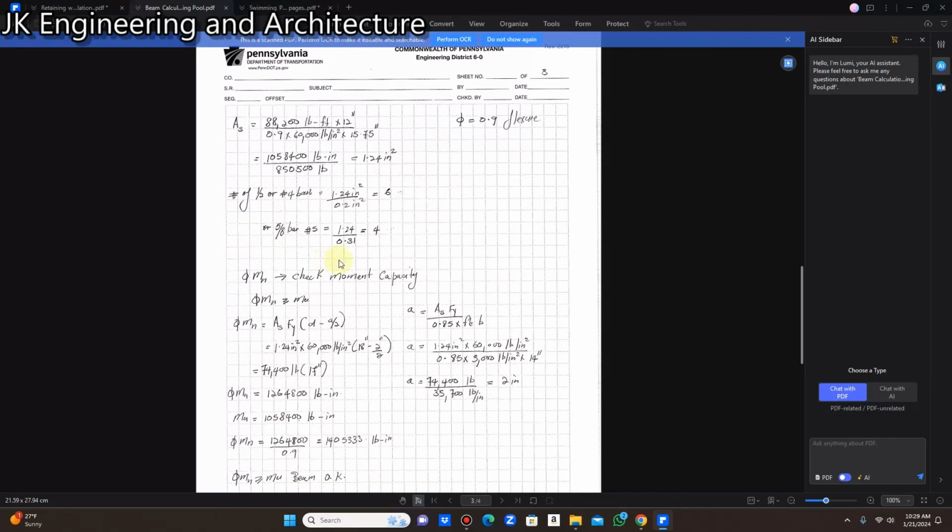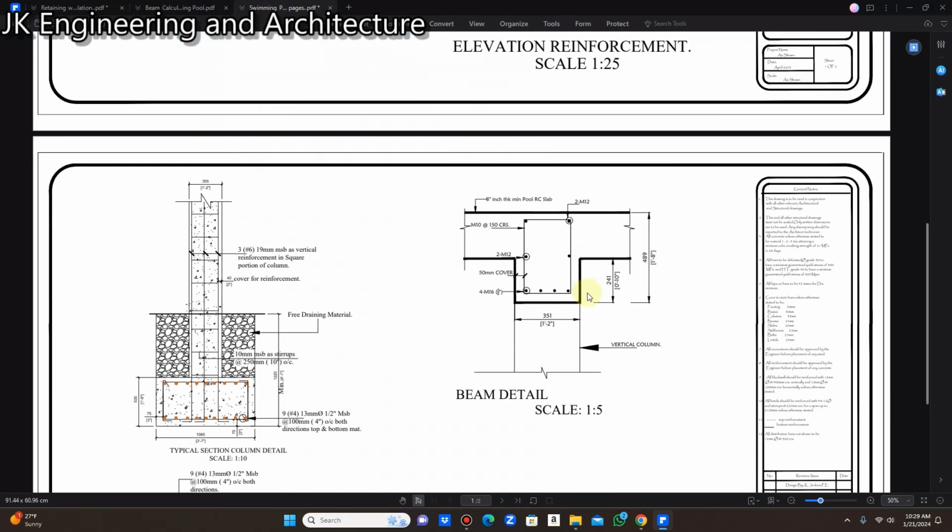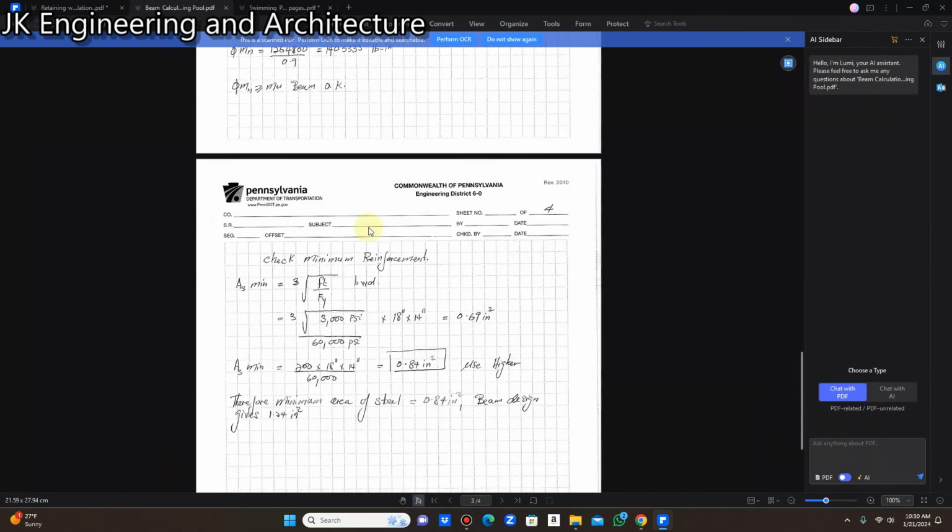But I decided that I was going to use 5/8 bar, and because it's going to be 5/8 bar, it's going to work out to be 4 5/8 bars. And that's how I get the swimming pool cross section of the beam to be 4 5/8 bars in the tension zone. All right, so that is how I come up with the design for the wall here.